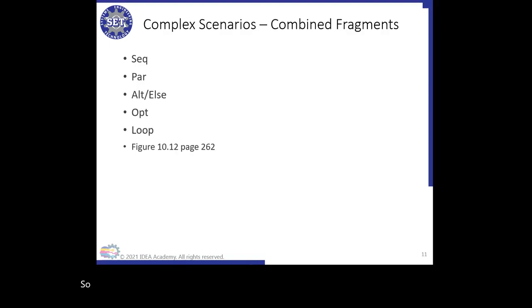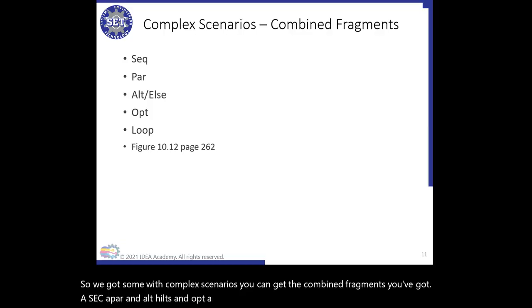We have some with complex scenarios. You have the combined fragments: a seq, a par, an alt else, an opt, and a loop. Let's check out page 262 in the book, Figure 10.12.